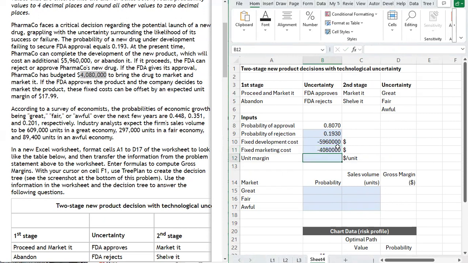The unit margin in my model is 17.99. The probability that the economy is great is 0.448. The probability that the economy is fair is 0.351. And the probability that the economy is awful is 0.201.